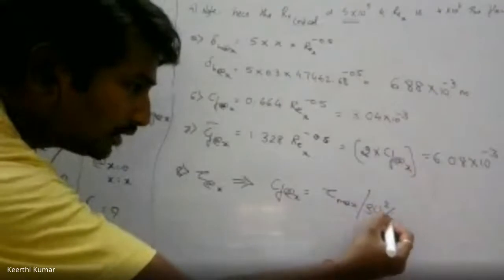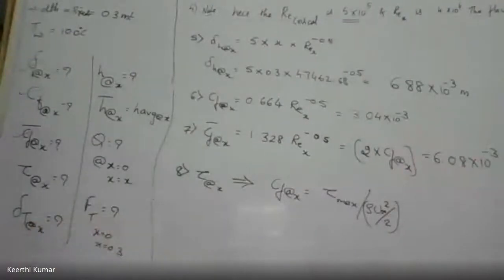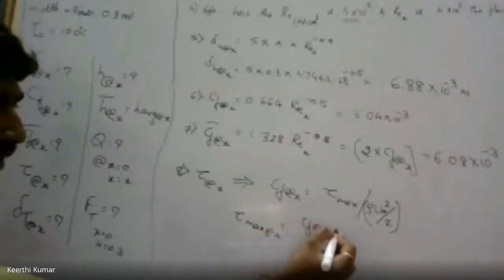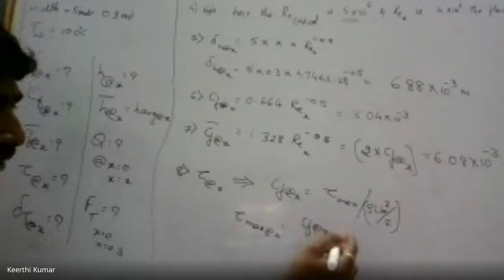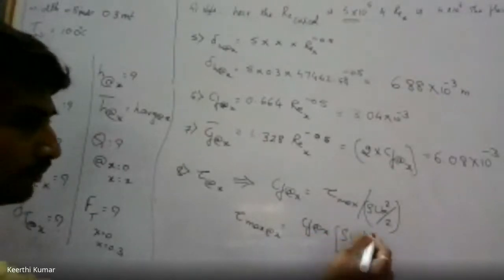Okay. Tau x, you find out with this formula, that is rho u infinity square by 2. Correct? That formula is there in the third column at CFX. So take out tau max in this. Tau max at x is equal to CF at x whole multiplied by rho u infinity square by 2.